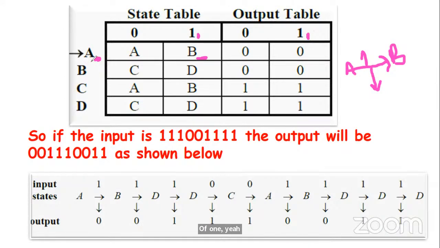You're at A, you receive a 1 here. So the output under 1 is what? 0. So the output here is 0. Do you get that, or do I explain again?